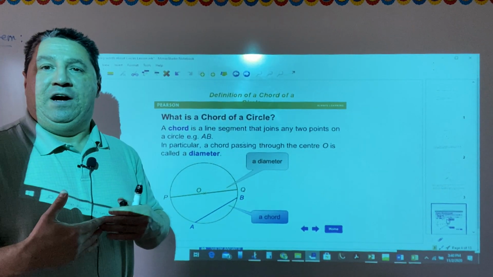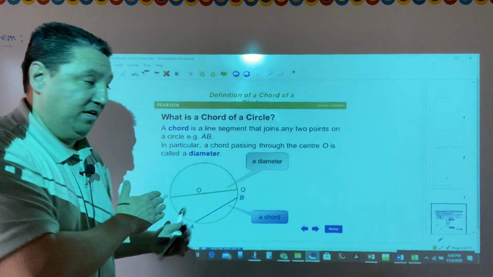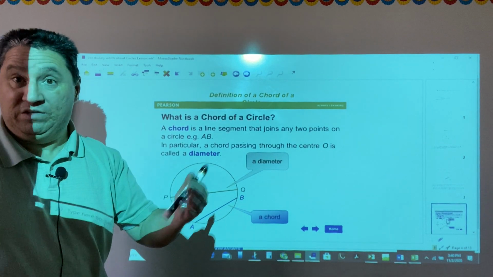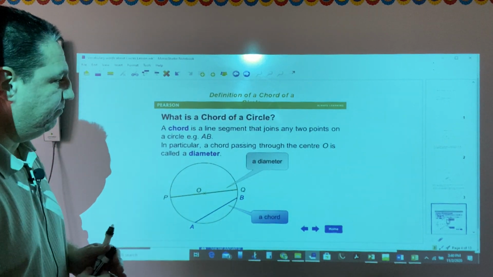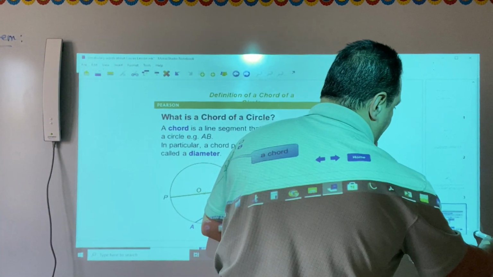Let's say the longest chord in a circle is the diameter itself. Also, the diameter is a chord. Good.